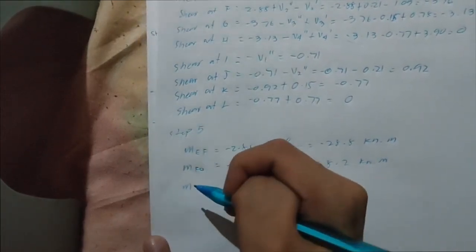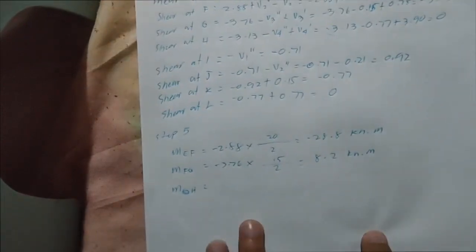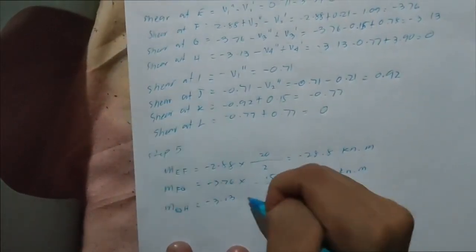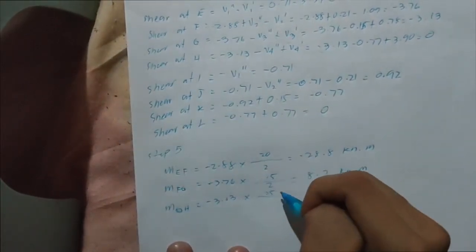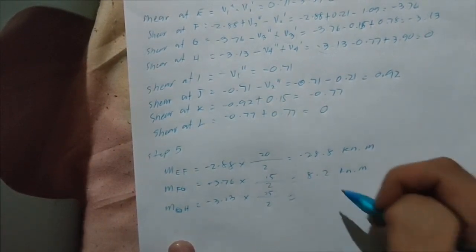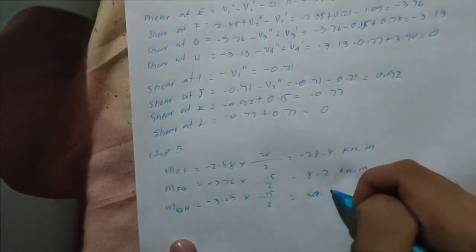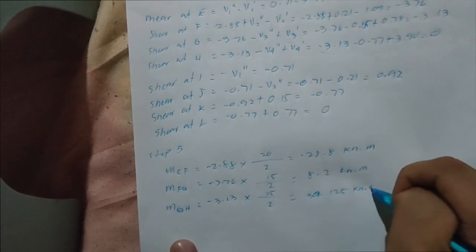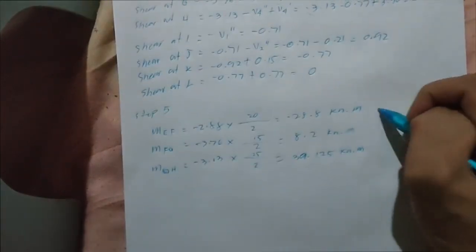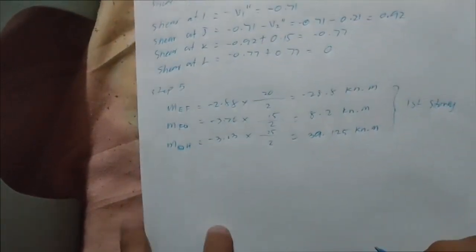Then moment GH is equal to 3.13 times half of the span, which is 25 over 2, equal to 39.125 kilonewton meter. So this is the first story.